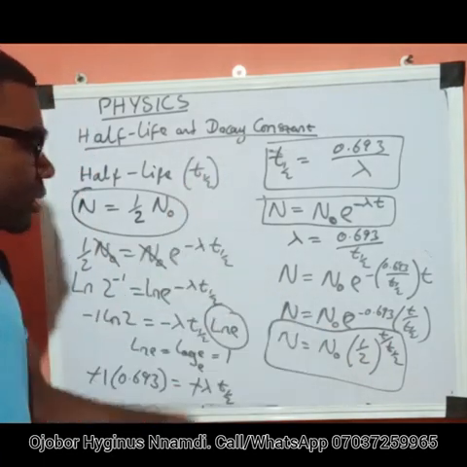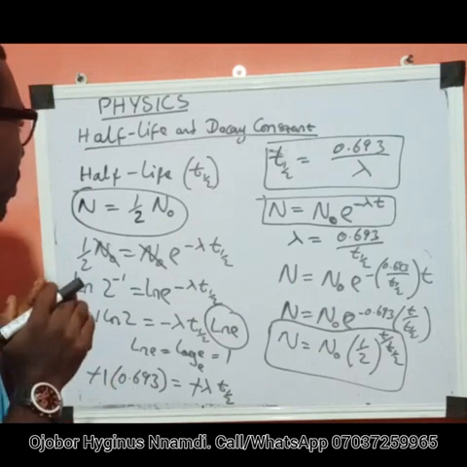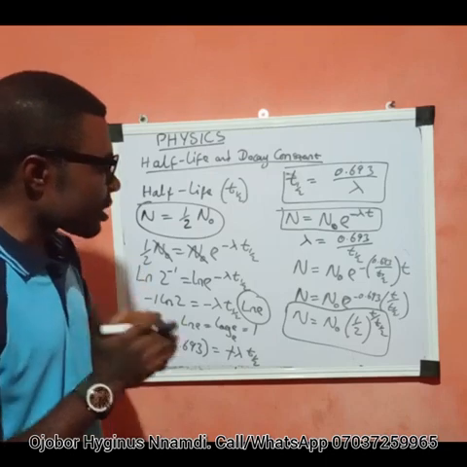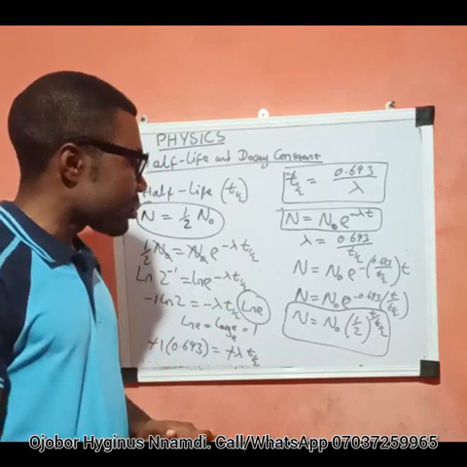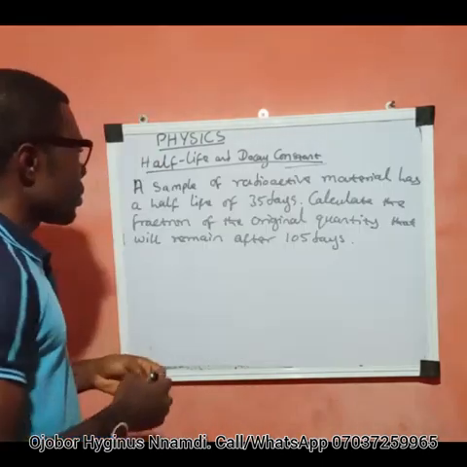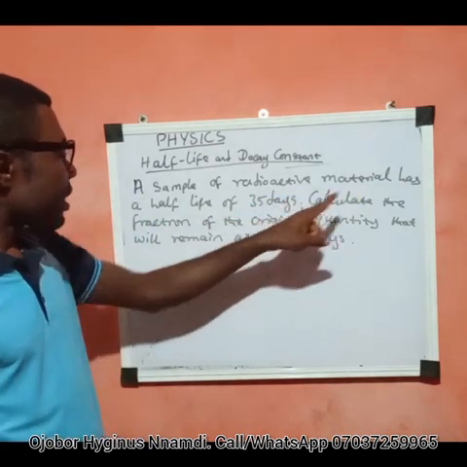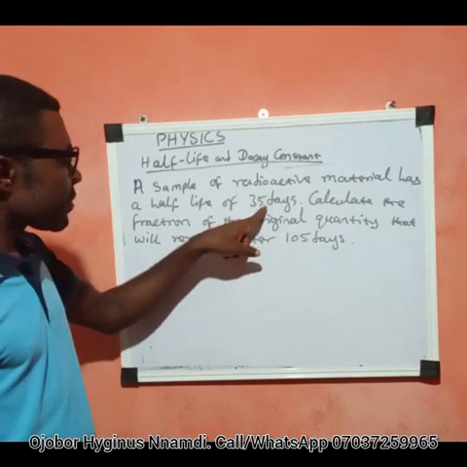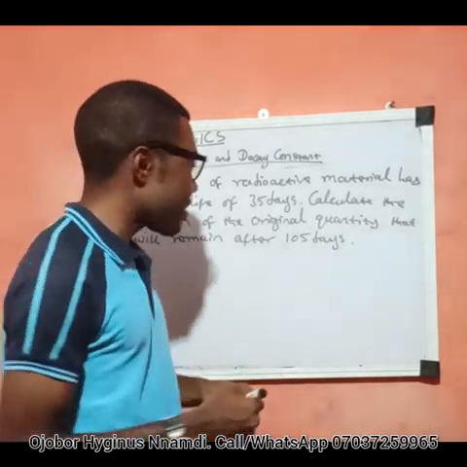This is a relationship we are going to use to determine whatever we are going to solve under half-life and decay constant. Let us look at a few examples to see whether we can solve them. This question says a sample of radioactive material has a half-life of 35 days. As usual, we list our parameters.